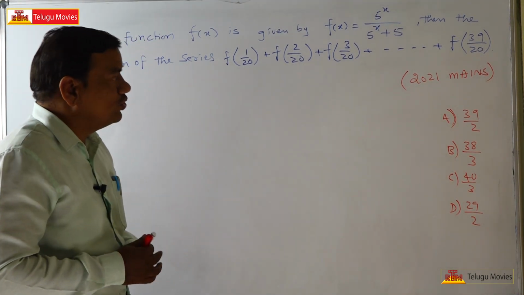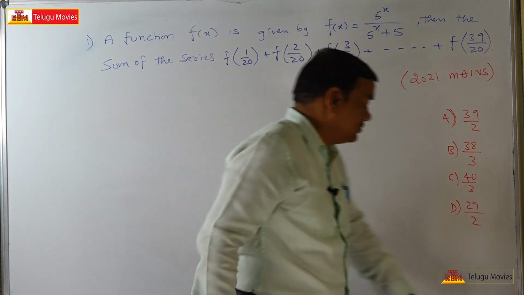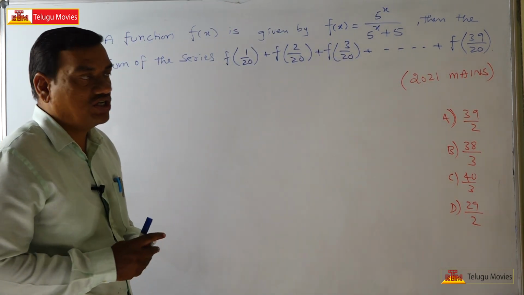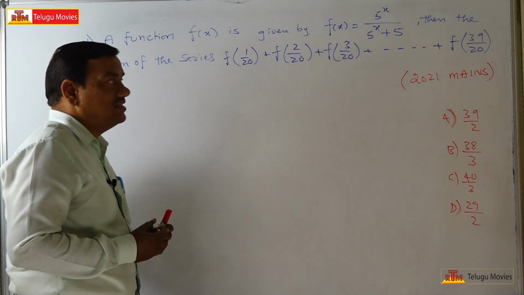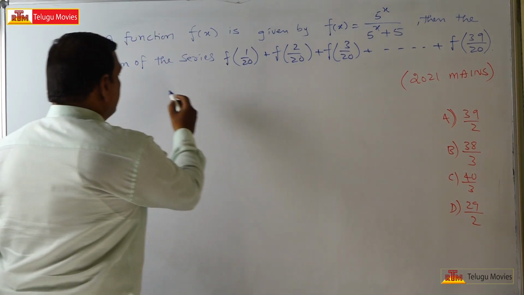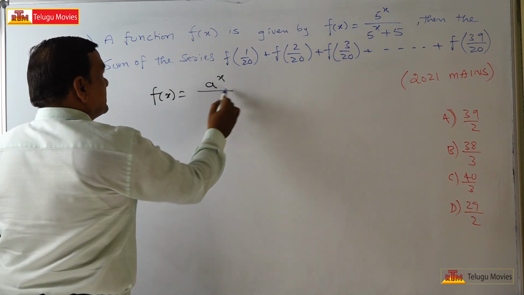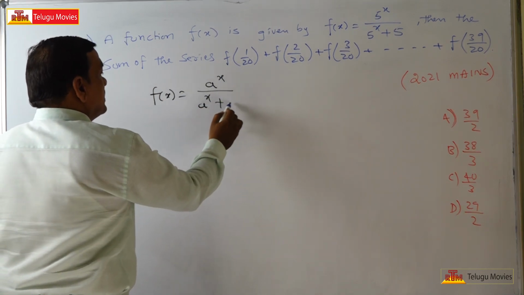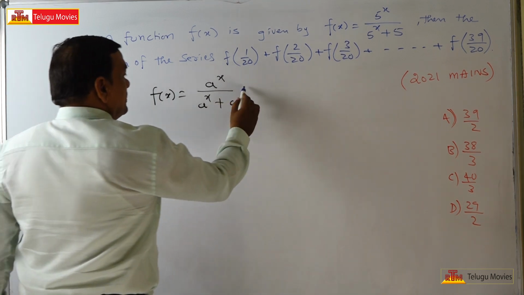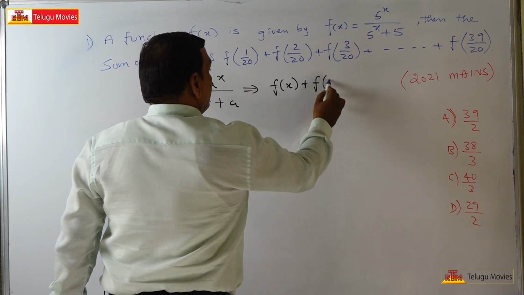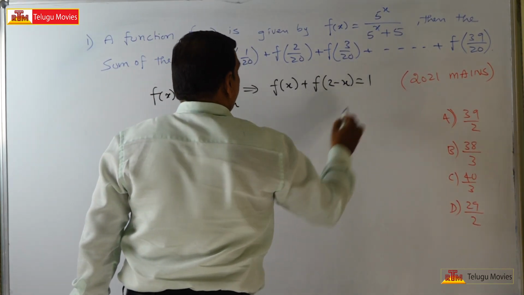If you want to do this type of problem, you should know one result, must and should. The result is: if f of x is equal to a power x upon a power x plus a, then f of x plus f of 2 minus x is equal to 1.